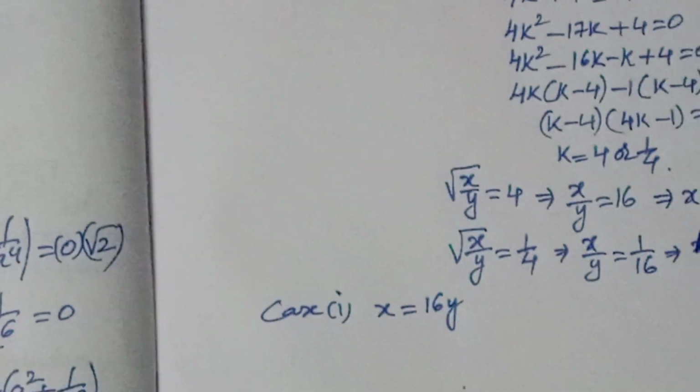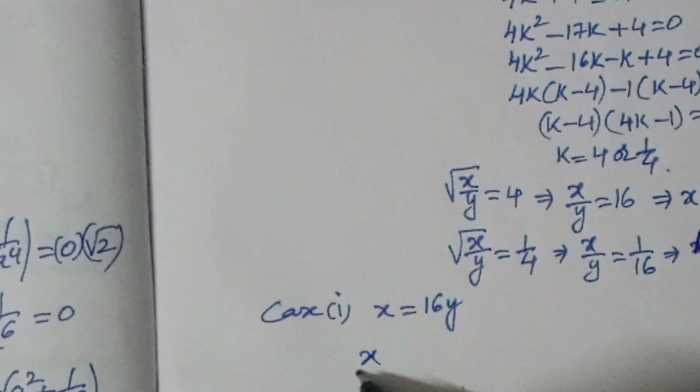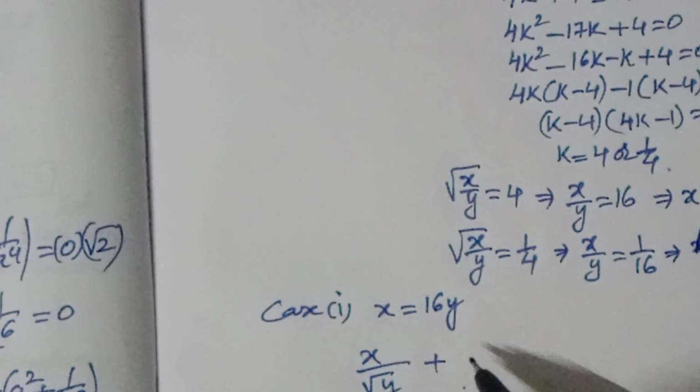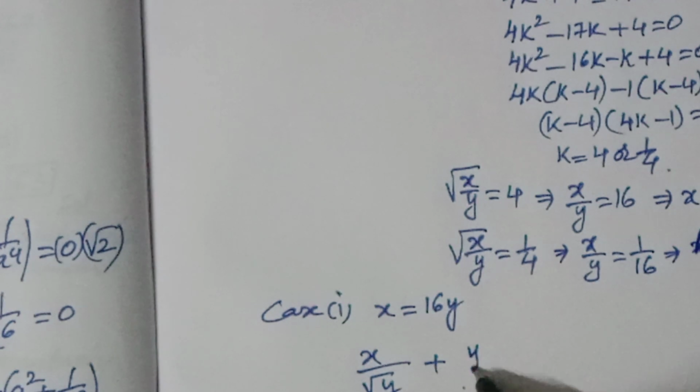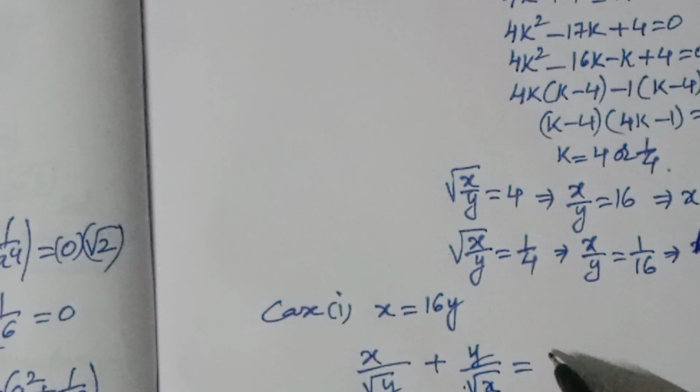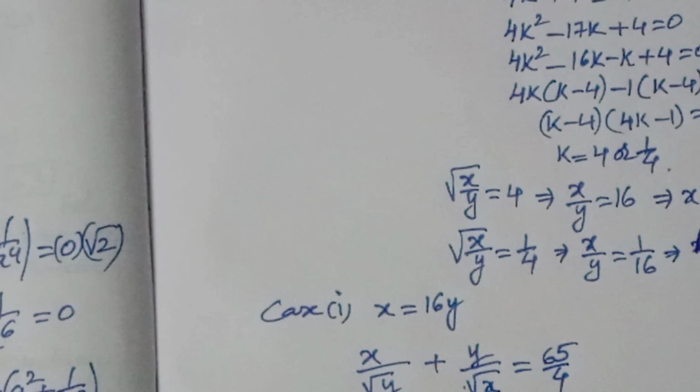So what is the second one? x by root y plus y by root x is equal to 16 1 by 4, that is 65 by 4.